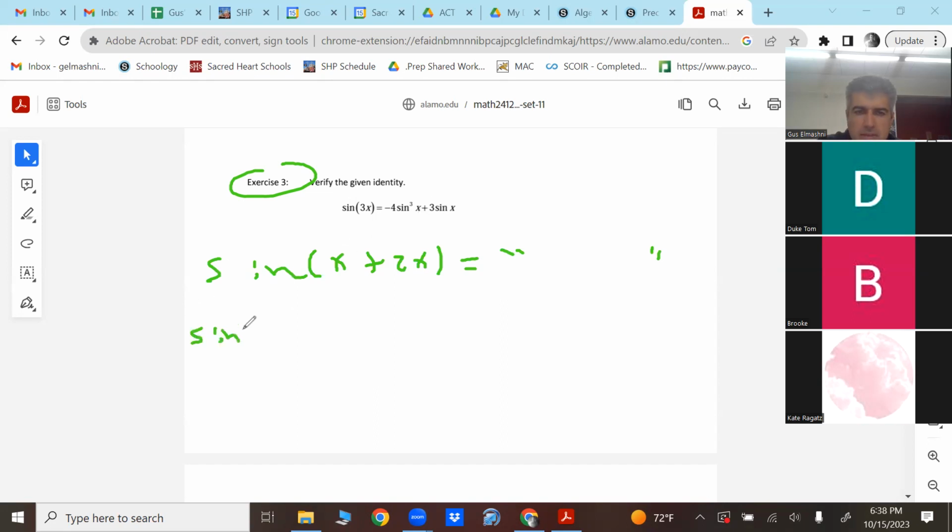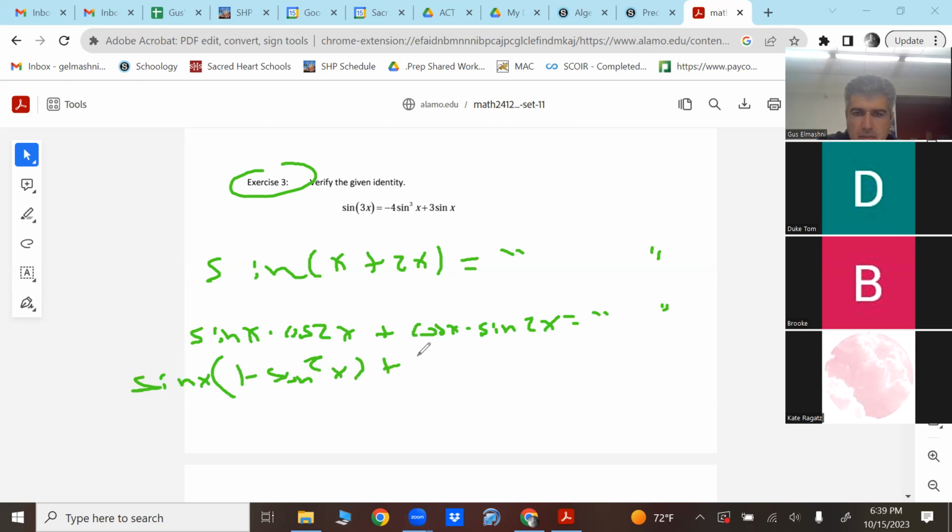Hopefully got this, sine x. Cos 2x, you should know these 3 variations, but I do 1 minus sine squared x. Make that a little easier to read. That's 2 sine x cos x.